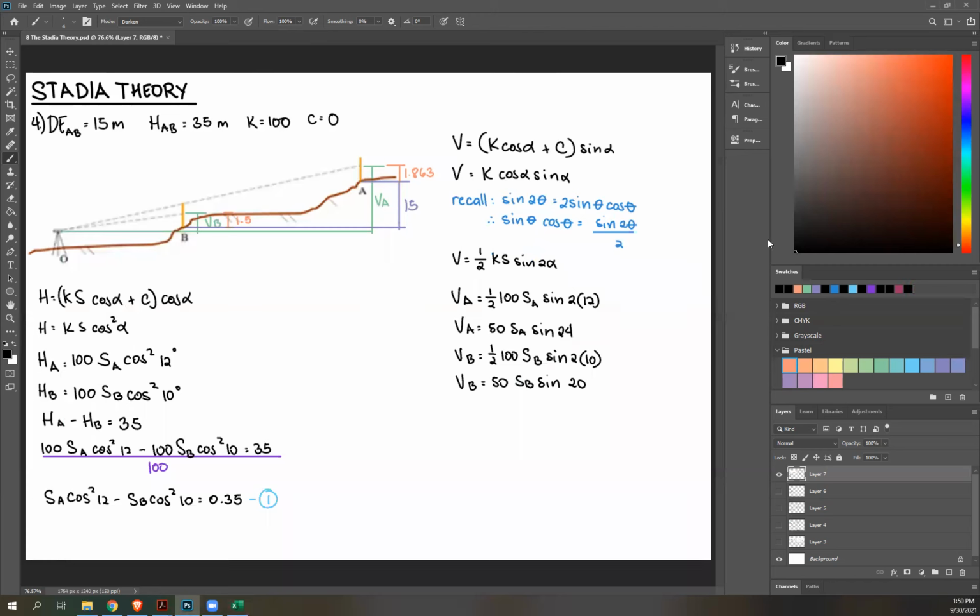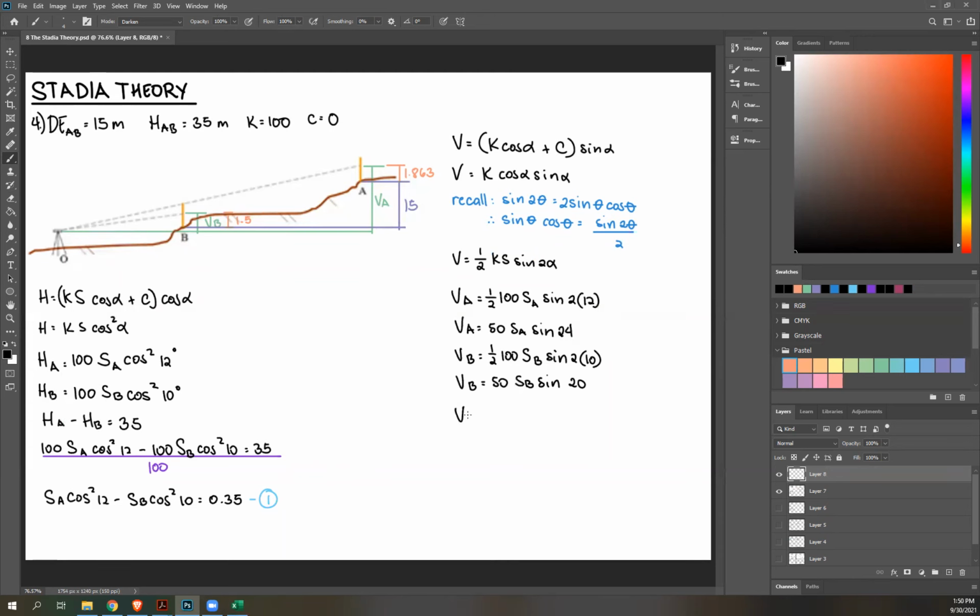Let's look at it this way. VA minus 1.86, so I'll delete that, minus VB, so that's this, plus 1.5 equals 15. So that's the equation that I'll use.